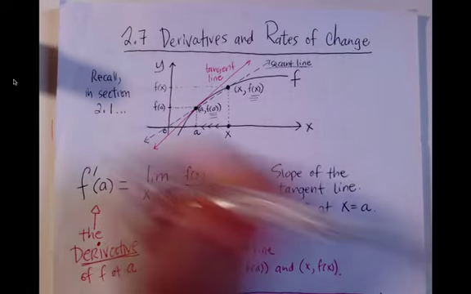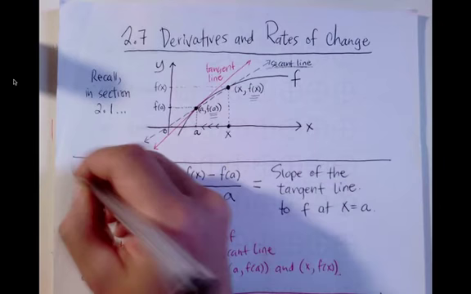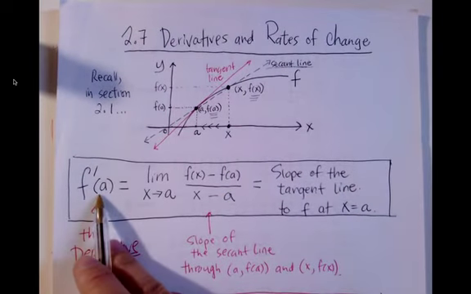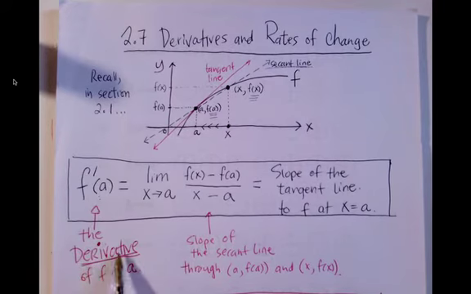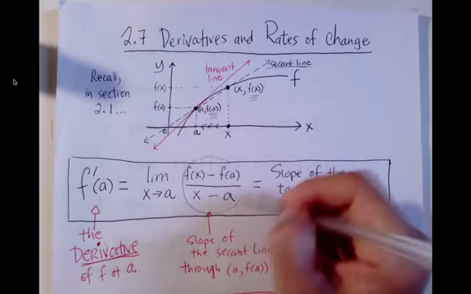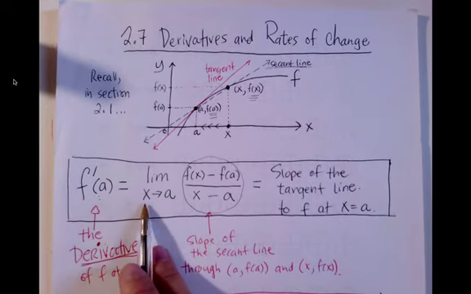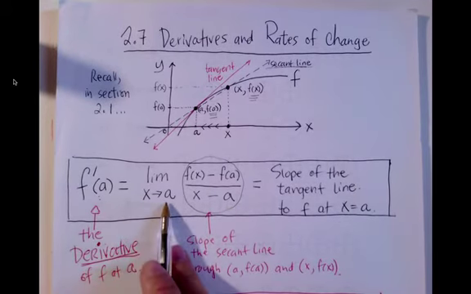This is our new notation, and the word we're going to use to describe this is the derivative. It's just the slope of the tangent line to f at a, and it's given by the limit of the slopes of the secant lines as x approaches a.